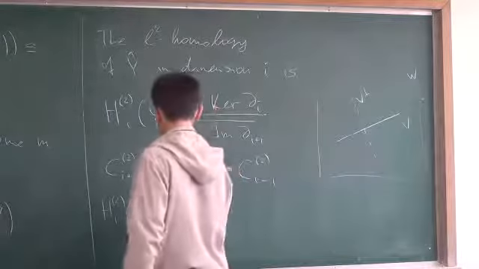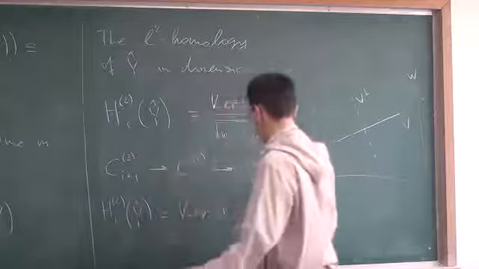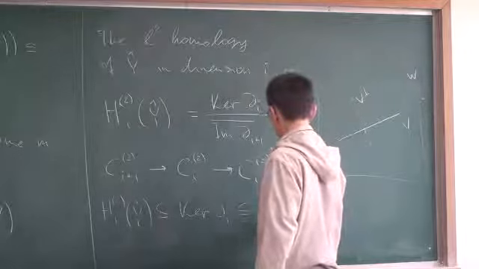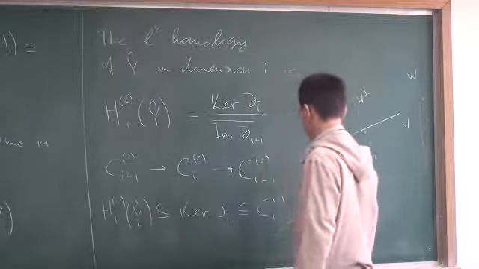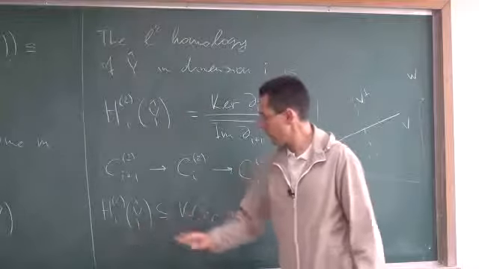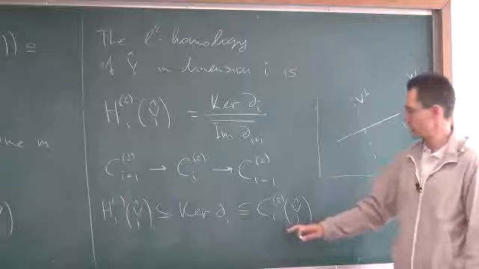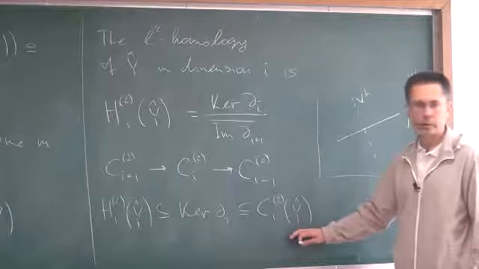In particular, this lies in the kernel of the boundary d_i, and this is of course in the whole space of L2 summable chains of Y hat. So you see the L2 homology actually can be viewed as a Hilbert subspace in the space of i-dimensional chains.